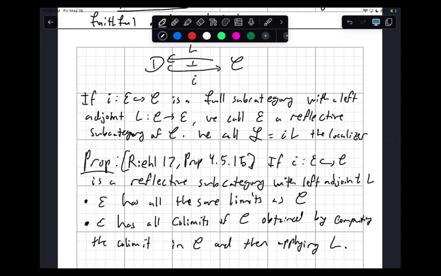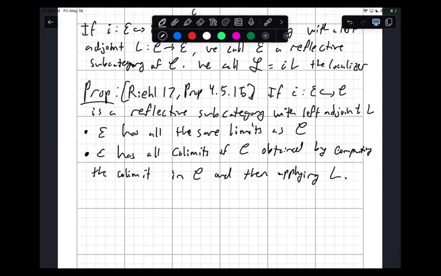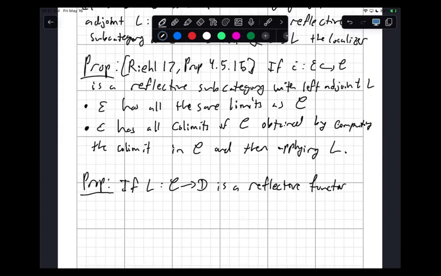It turns out, so another proposition. If L from C to D is a reflective functor, so that means it has a fully faithful right adjoint, let W denote the class of morphisms. And for me, class is the same thing as large set.